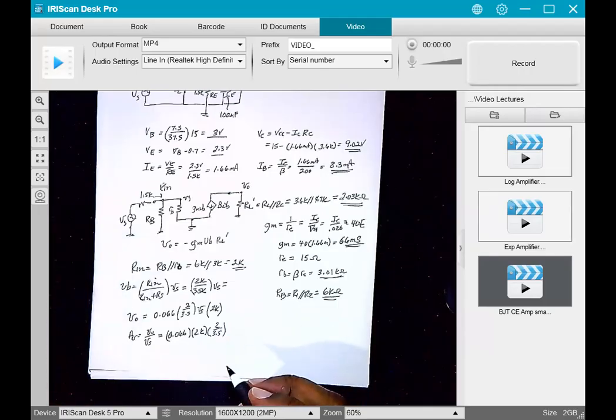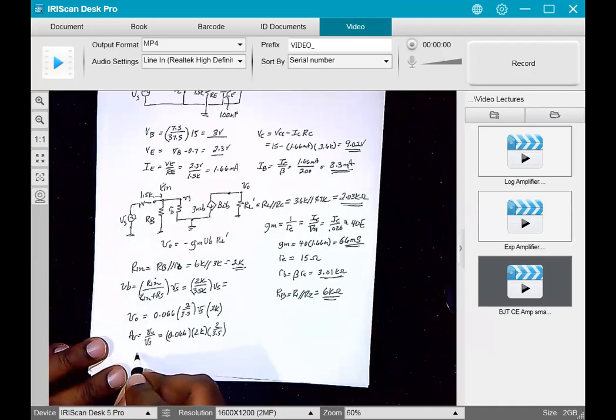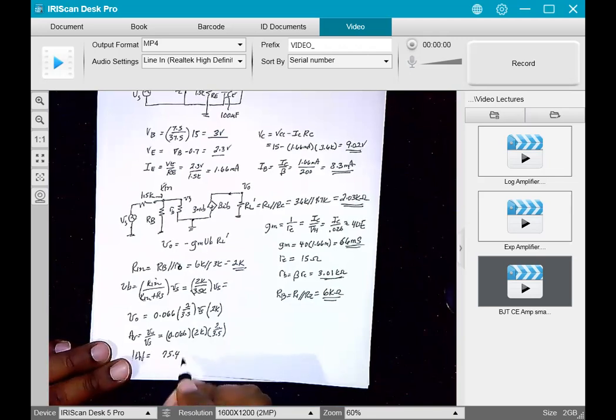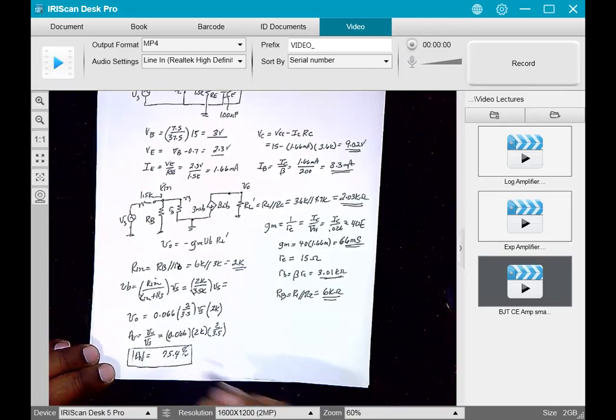Well, if I'm right, about 75.4. So my voltage gain now, actually I should be saying the magnitude of it because it's a negative sign, is 75.4 volts per volt, if you want to put units on it. So that's my voltage gain.